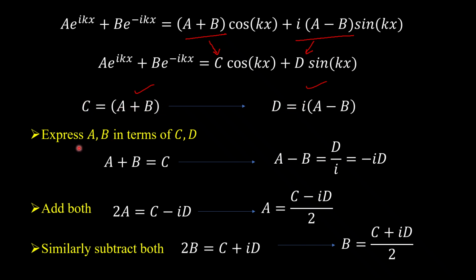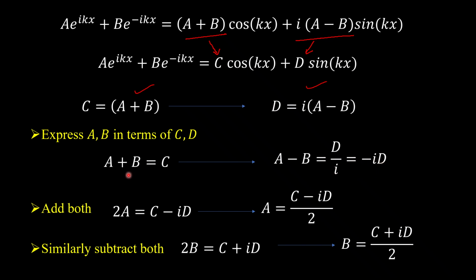Now we have to express a and b in terms of c and d. So you take the first one, that is a plus b is equal to c. Similarly, this one: a minus b is equal to d over i. Now you multiply and divide by i, you will get minus id because i squared is minus 1.